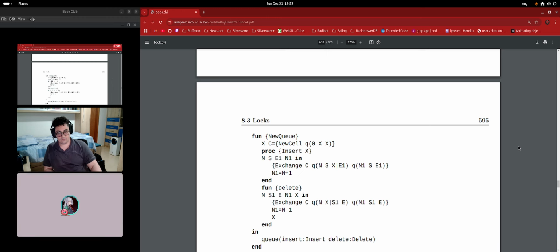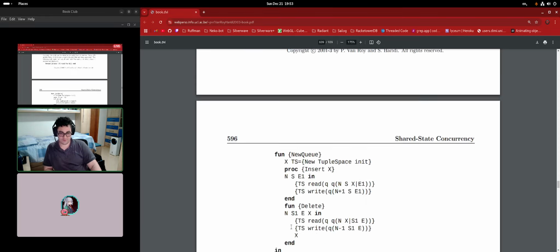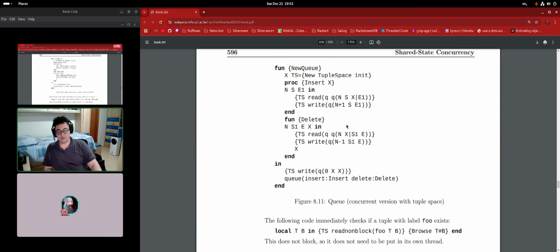But what if you have multiple threads doing inserts? Does that matter? It doesn't, because Exchange will always do its operation atomically. It doesn't matter that it's unbound at this point. So you don't even need locks in this version. But this is harder to read than this. I'd rather read this.